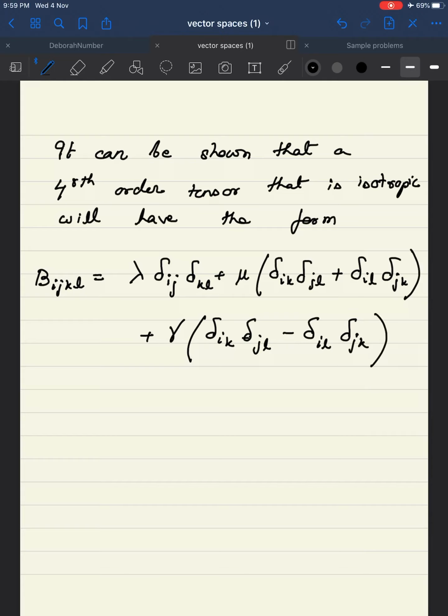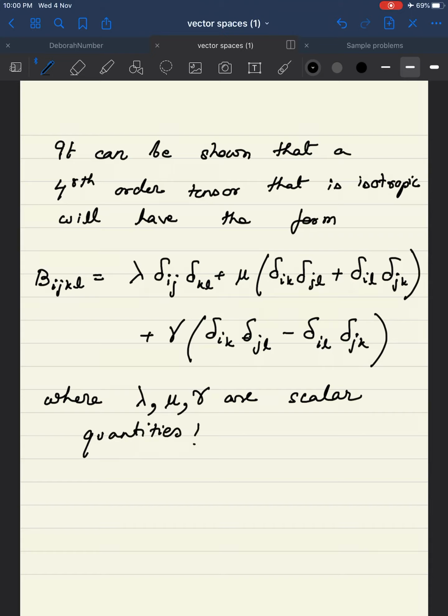Where lambda, mu, gamma are scalar quantities. So this is a general form, and this is outside of the domain of our particular class.